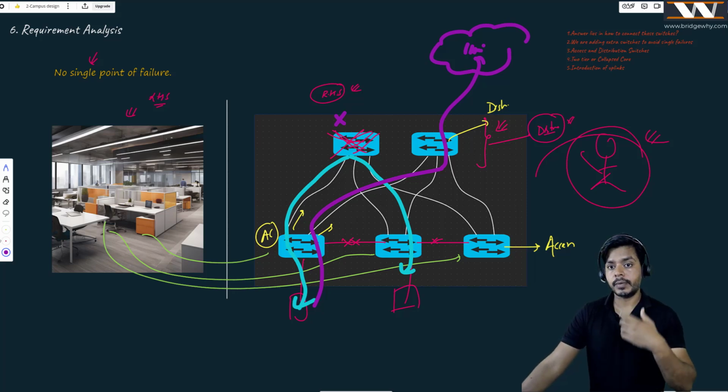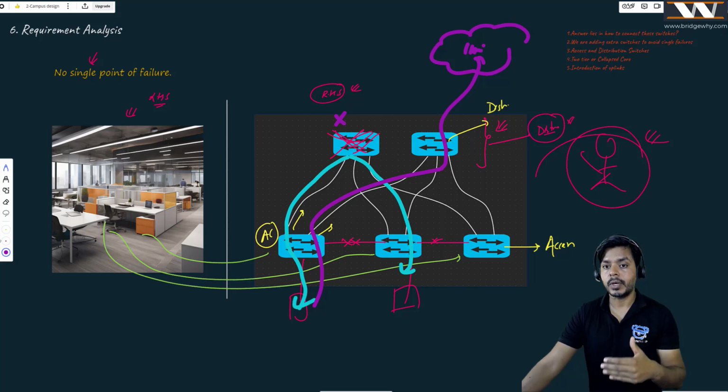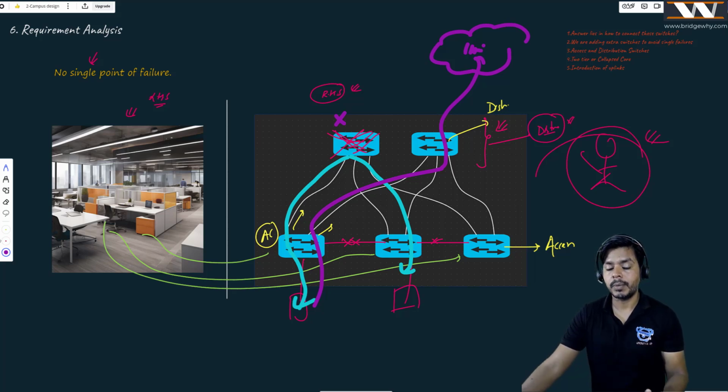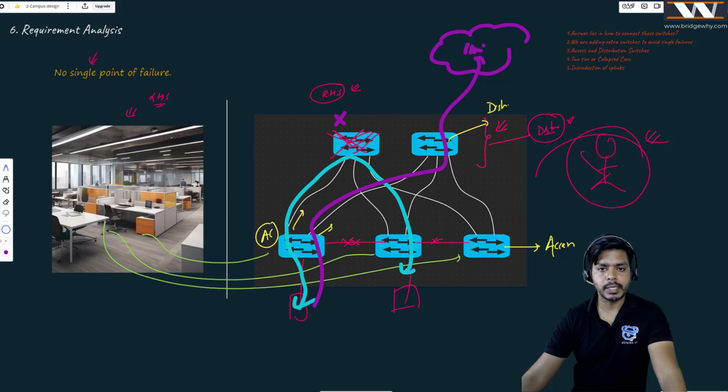I'm not saying that the introduction of this distribution layer can remove all single points of failure, because I need to talk about software also. I need to talk about technologies also, like HSRP, right? For example, if your active HSRP router is right here, and this is your standby.